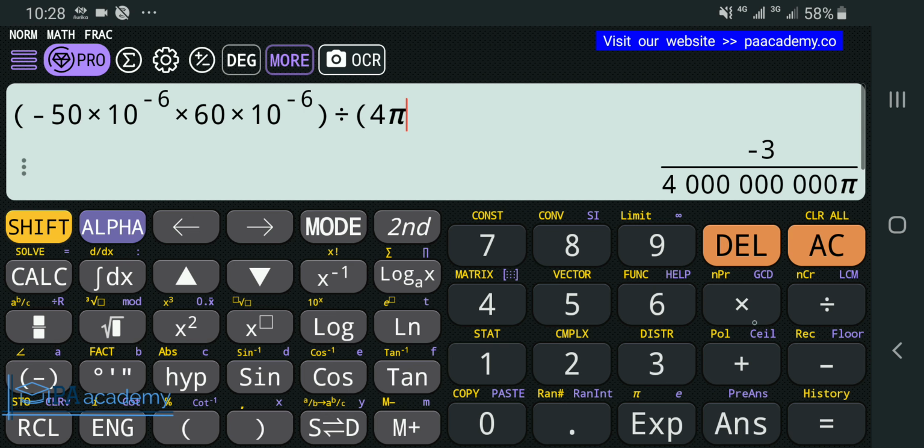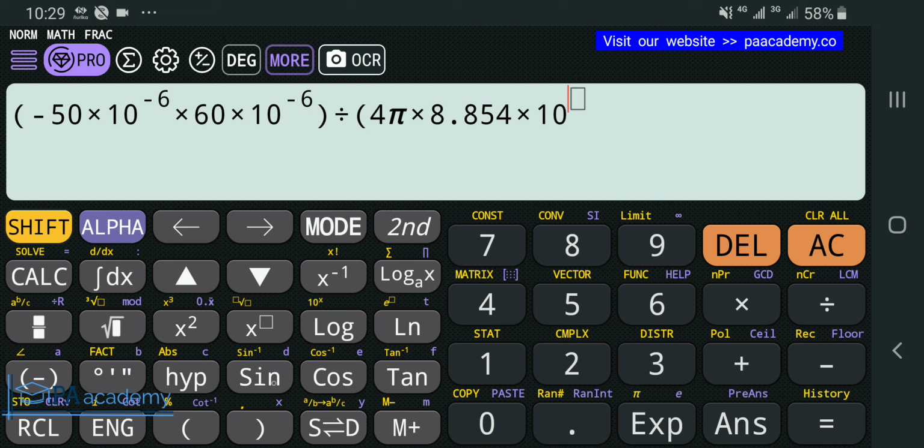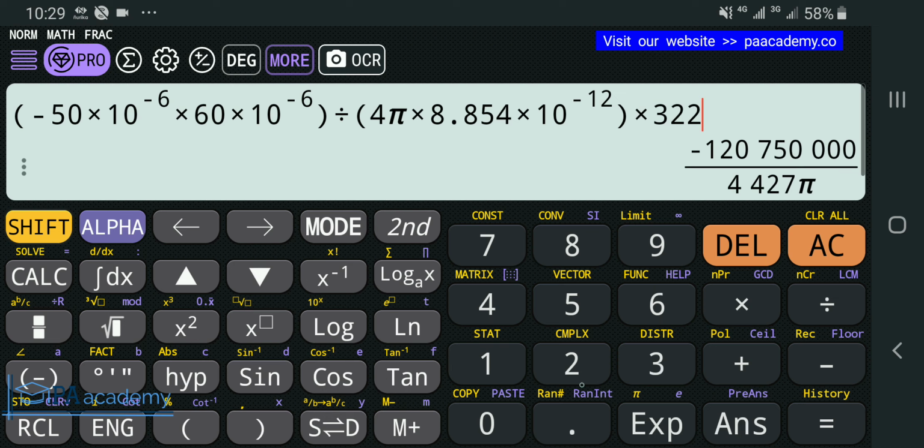That's 4 pi times 8.854 times 10 raised to power minus 12, then times 322 times 322. So times 322. Alright, so now I can just close the brackets.